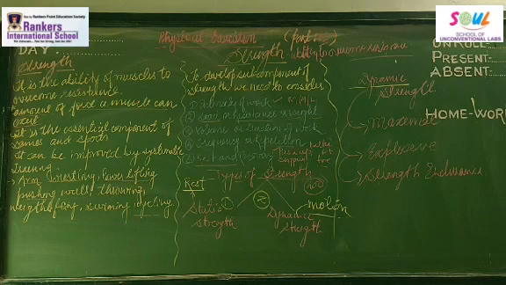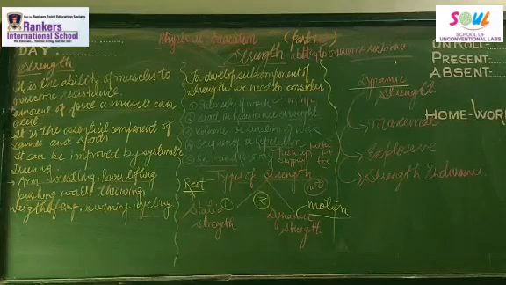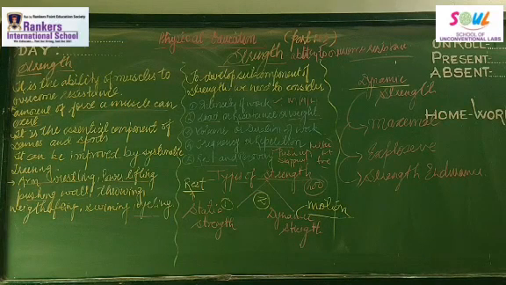Now the next thing we are going to learn is that there are three types of dynamic strength. The first type is maximal strength, the next is explosive strength, and the third is strength endurance. It means maximal is the maximum amount of force, explosive is sudden, and strength endurance is the combination of strength as well as endurance.